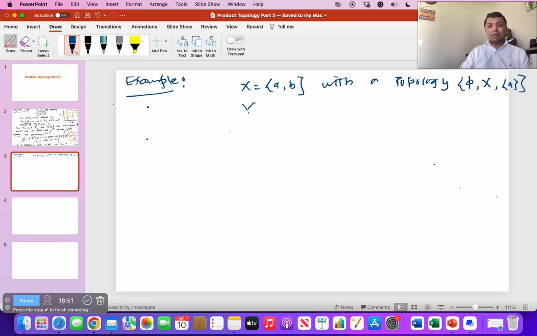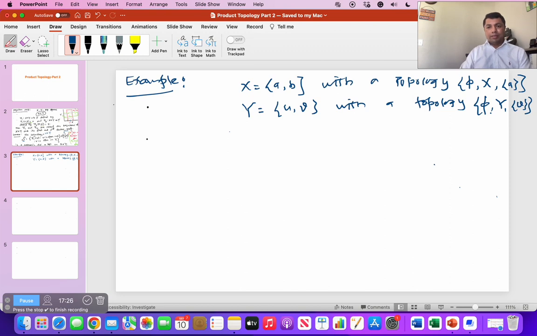Now let's consider another topological space Y with a topology: the empty set, the whole set Y, and this singleton set {B}, a one point subset of Y.